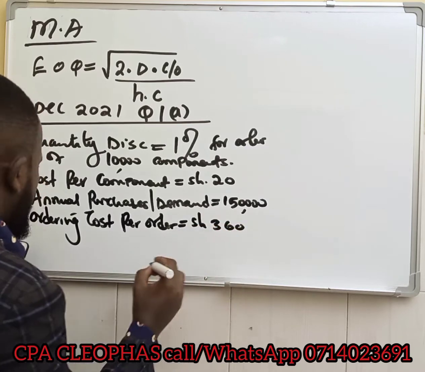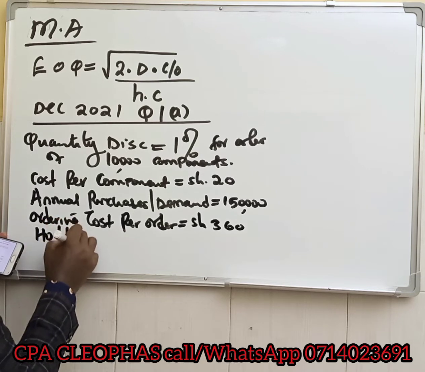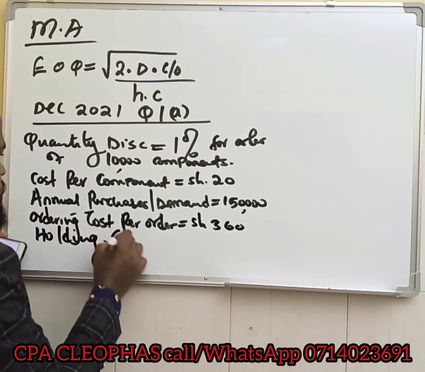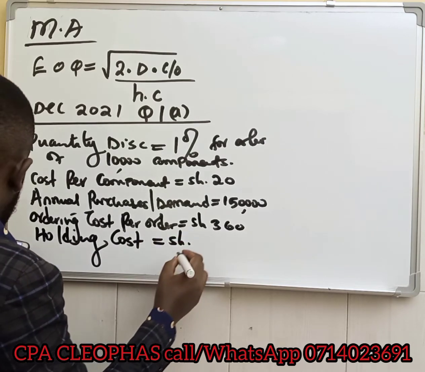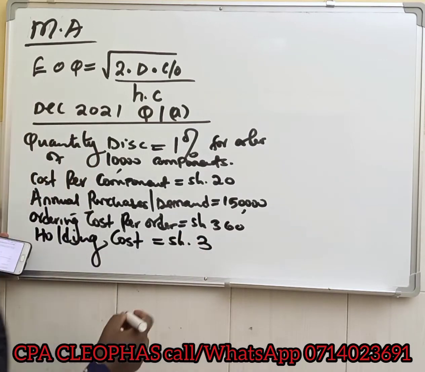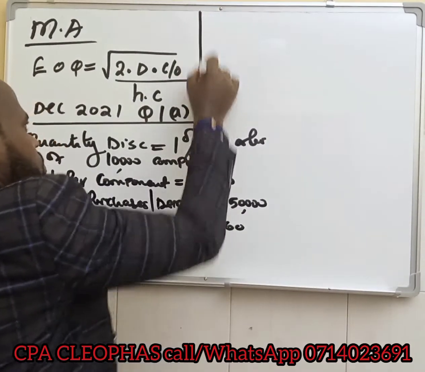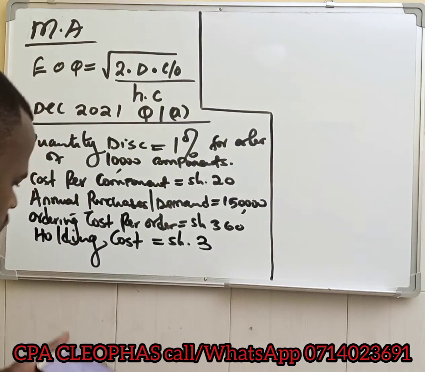So anytime we are ordering, the cost of ordering is 360 shillings. We have the holding costs, and another name for holding cost is carrying costs, which is equal to 3 shillings per component per annum. So that's what we have.